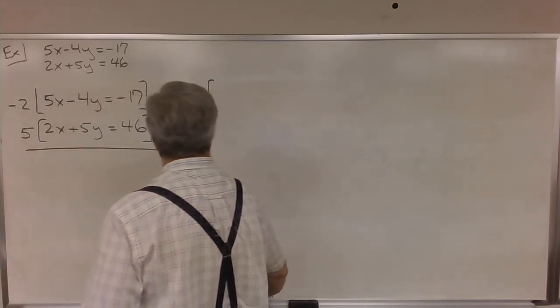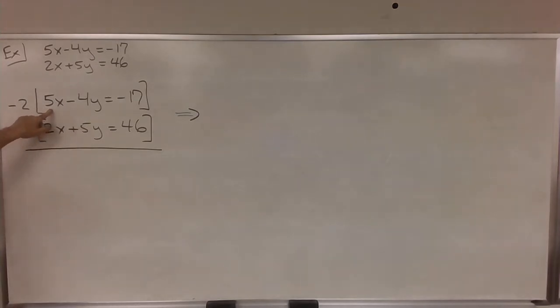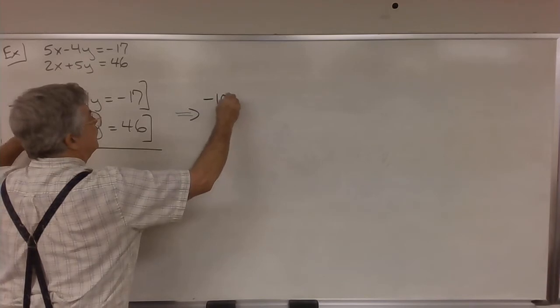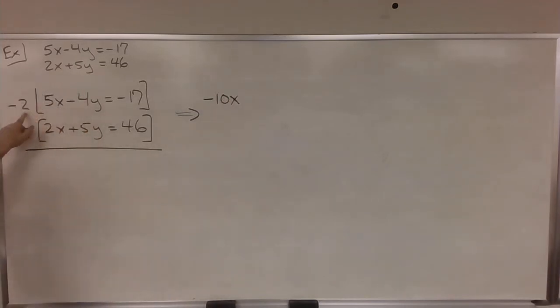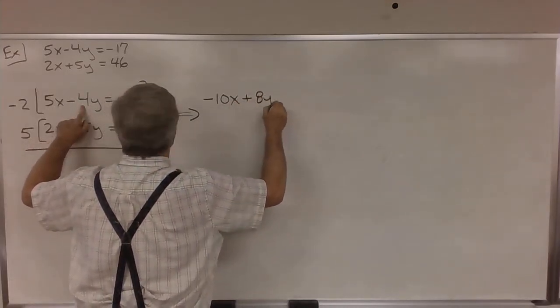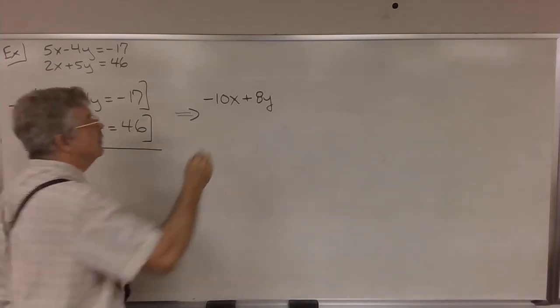I multiply both sides of the first equation by negative 2. So this will be negative 10x. Negative 2 times negative 4 is positive 8, so this will be plus 8y. Negative 2 times negative 17 is positive 34.